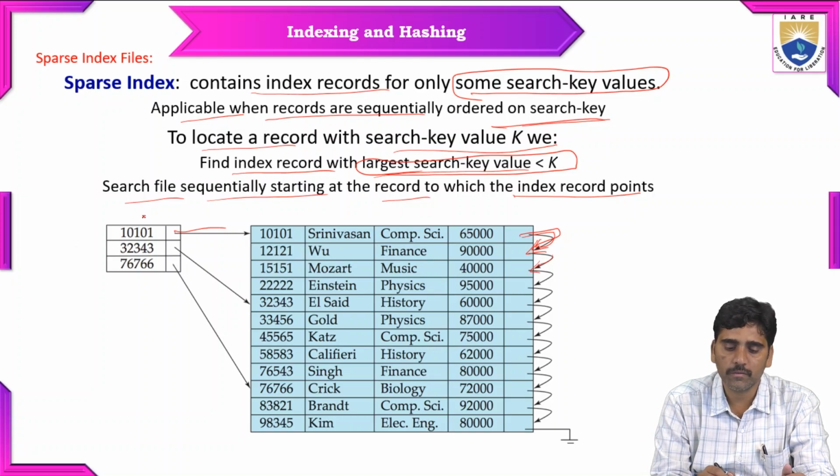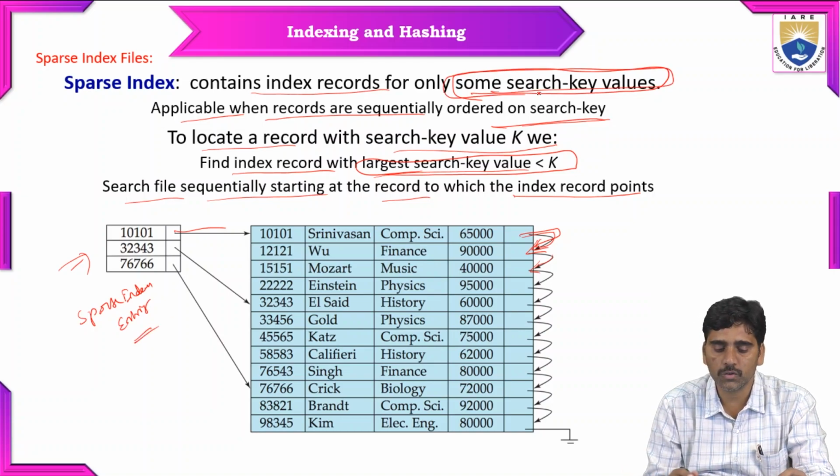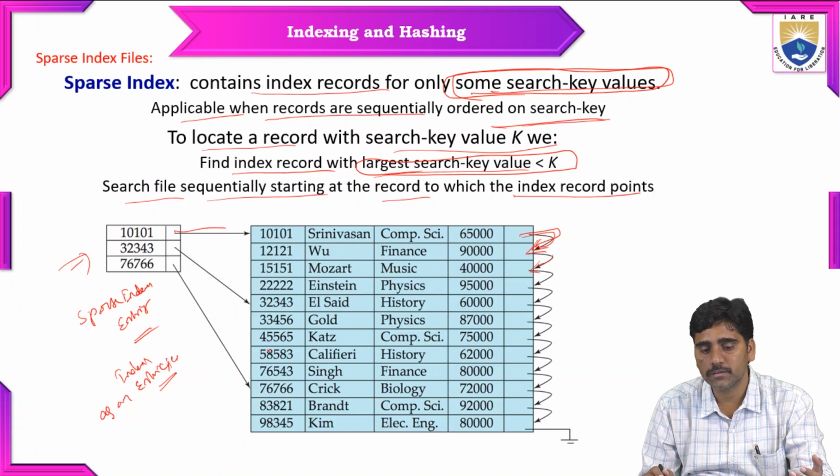So here these are all sparse index entries, because it takes only some search key values as index entries.